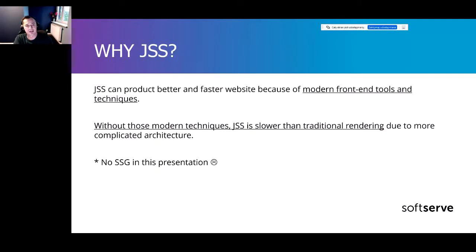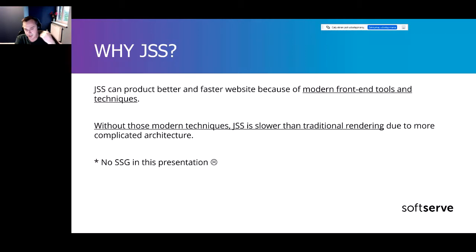Okay, and why do we use JSS in general? With JSS, we can deliver a better and faster website because of the modern front-end tools and techniques in JSS. But JSS is not a silver bullet.